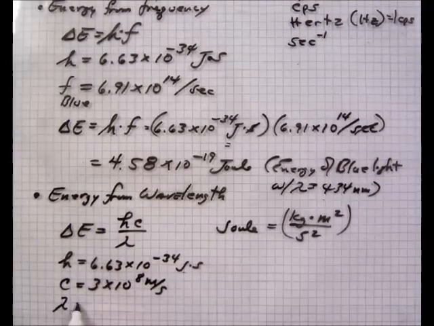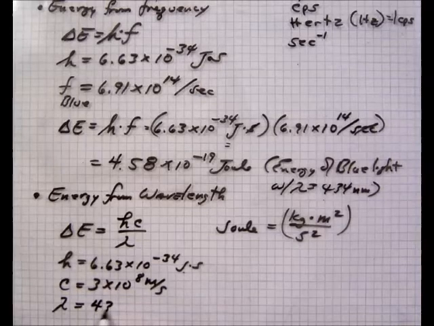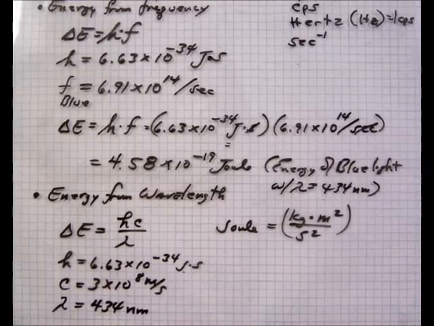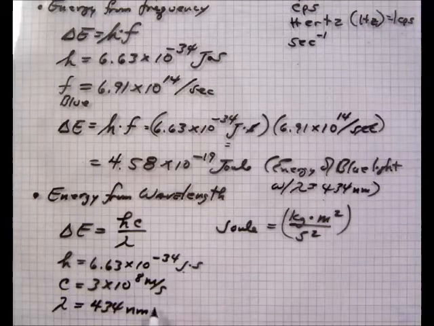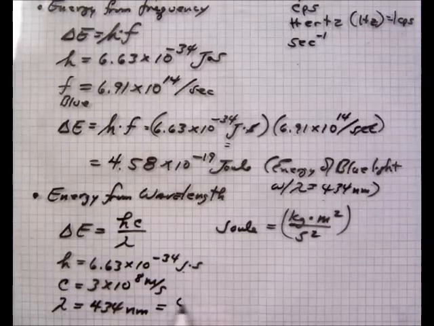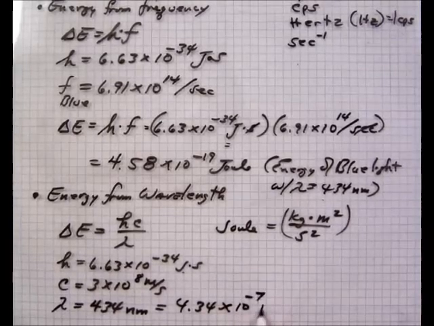Now our wavelength is 434 nanometers, and then we multiply it times 10 to the minus 9 and move the decimal over, so we have 4.34 times 10 to the minus 7th of a meter.